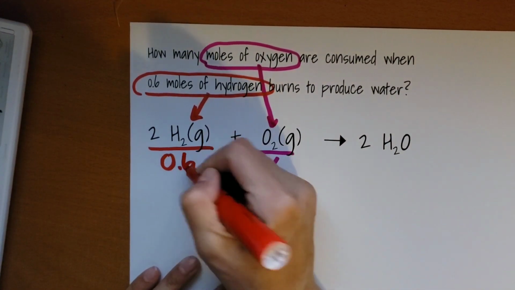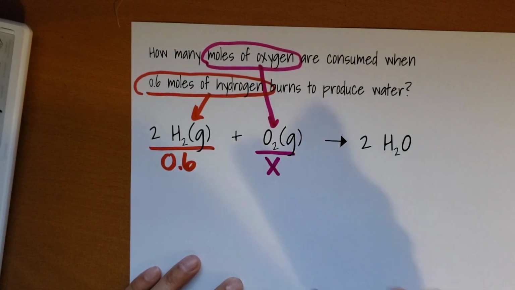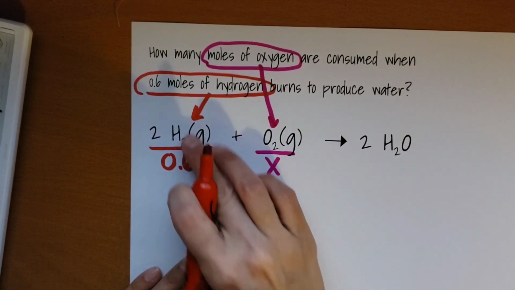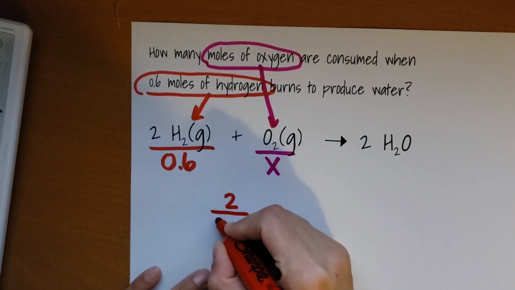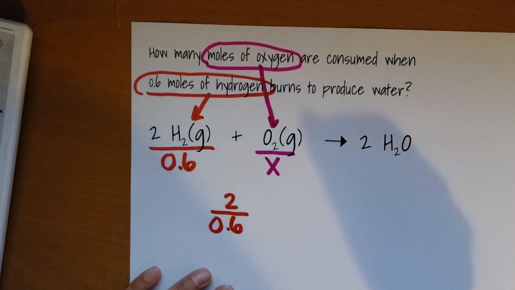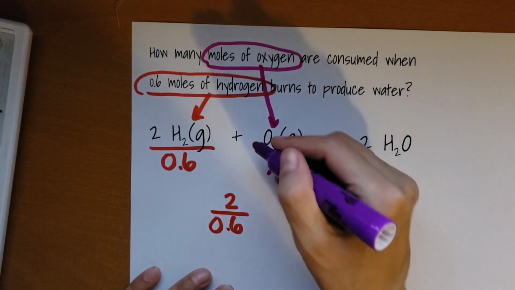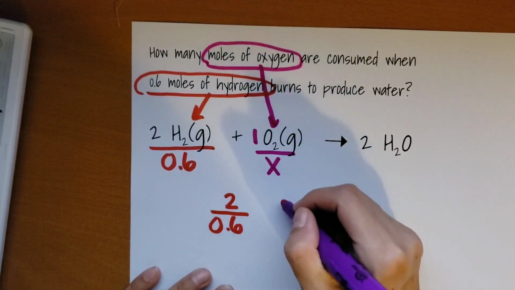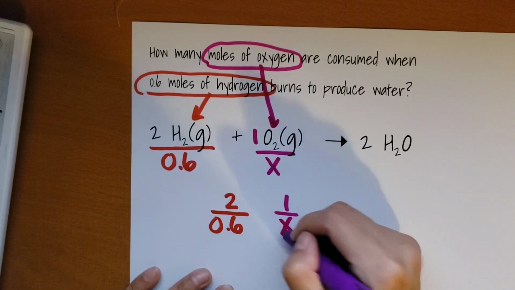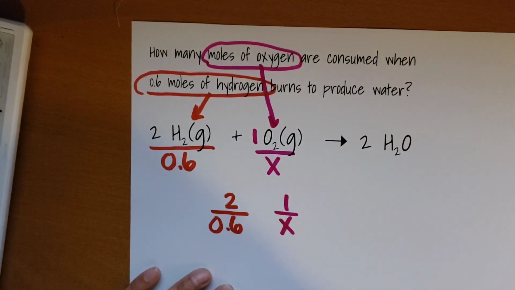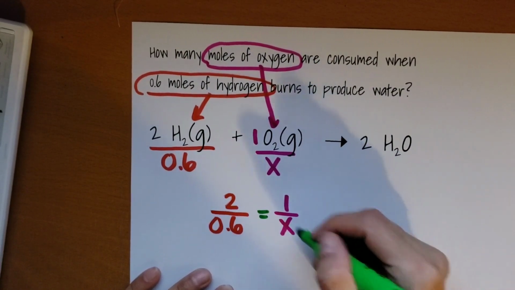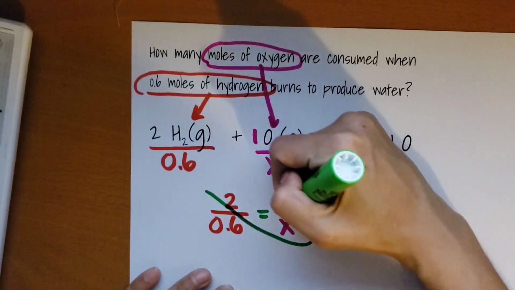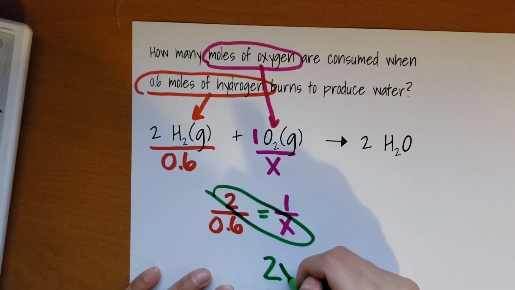So we know this. So from here, I'm going to write the fractions as given from here. Take the coefficient, it's 2 over 0.6. And my other fraction, remember the coefficient on the oxygen is 1. So that's 1 over x. We're going to set these fractions equal to one another. And to clear the denominator, I'm going to multiply these two first.